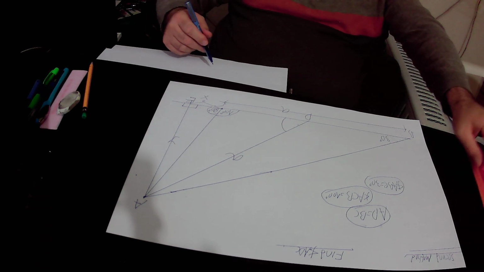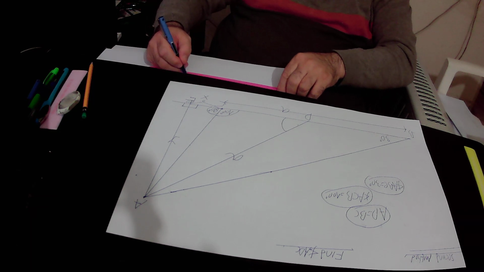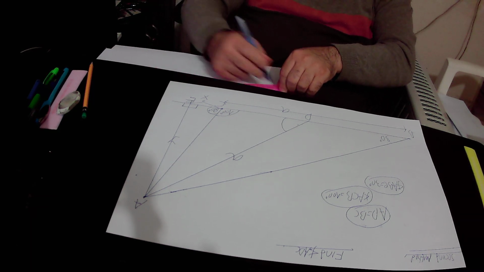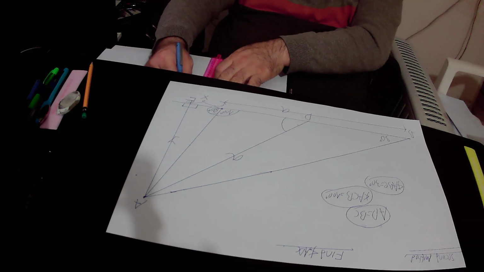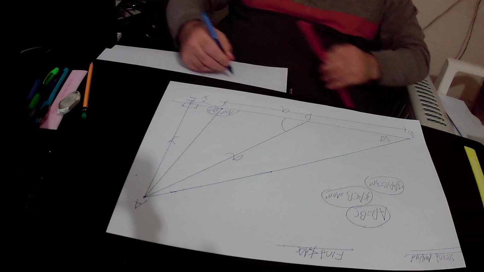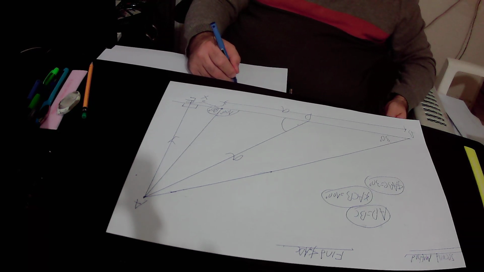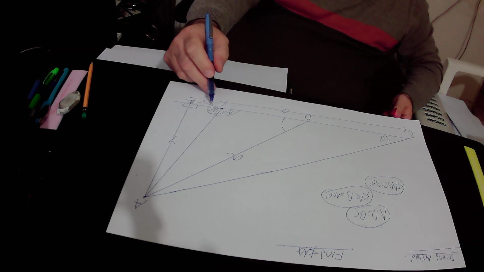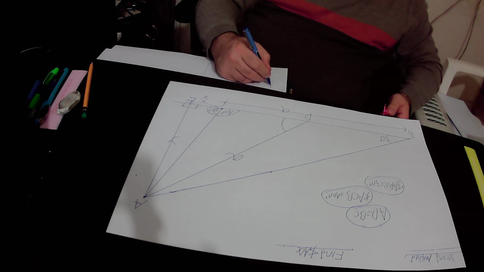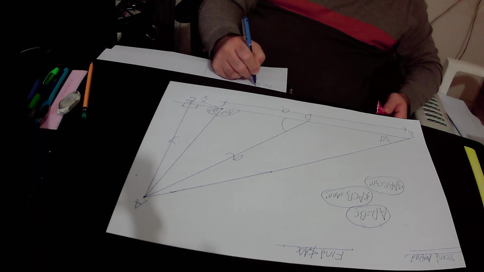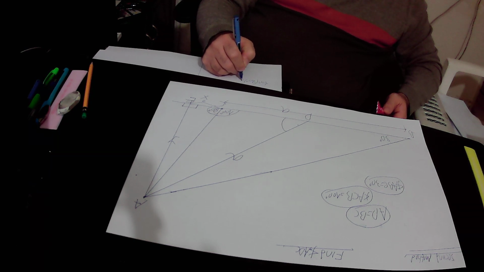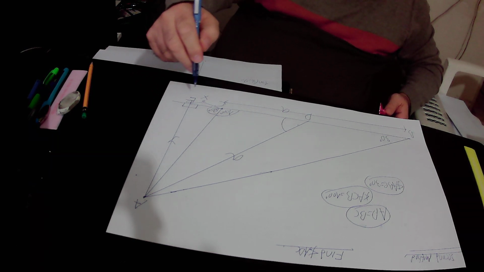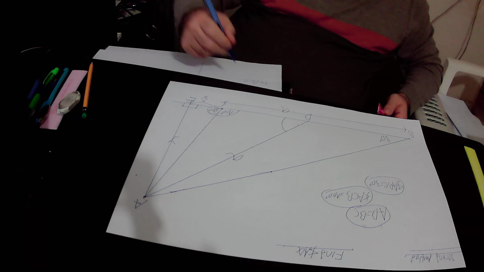In the right triangle ACE, tangent 80 degrees will be equal to AE over CE.